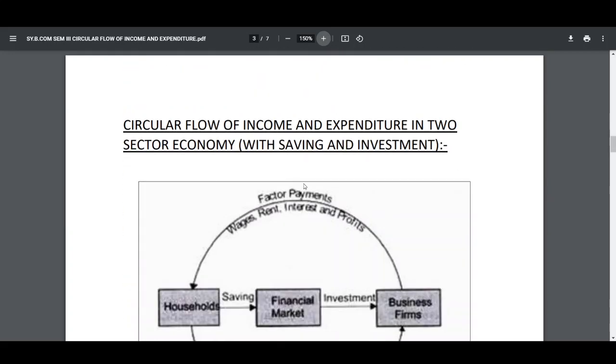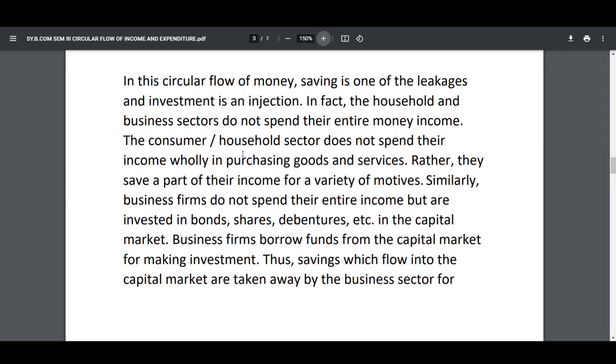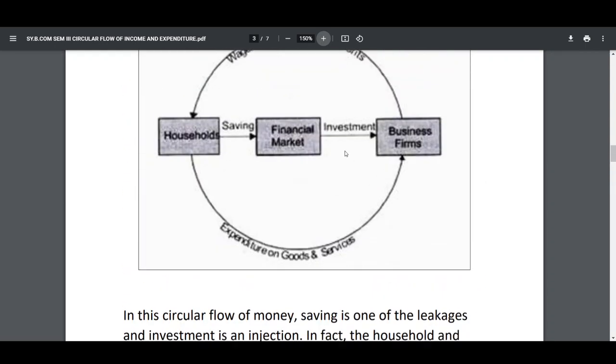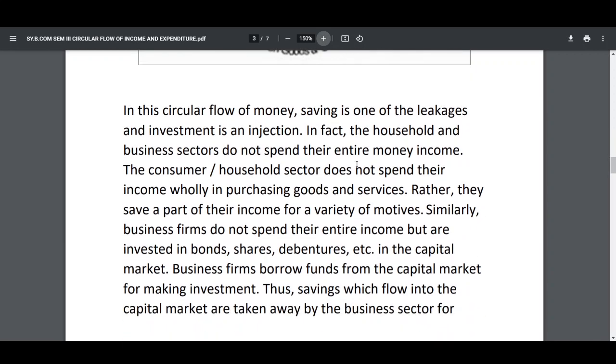Now the next diagram, circular flow of income and expenditure in a two-sector economy with saving and investment. In this circular flow of money, saving is one of the leakages and investment is an injection.